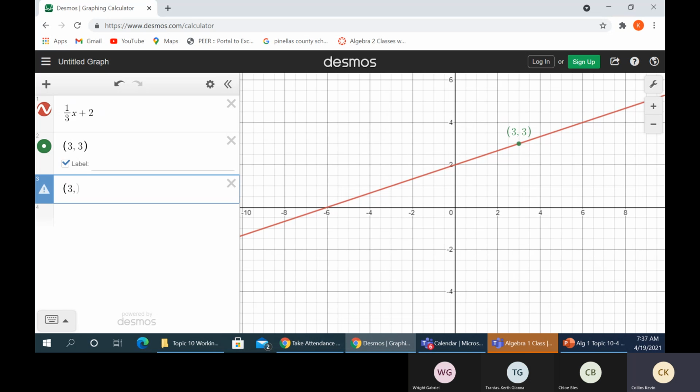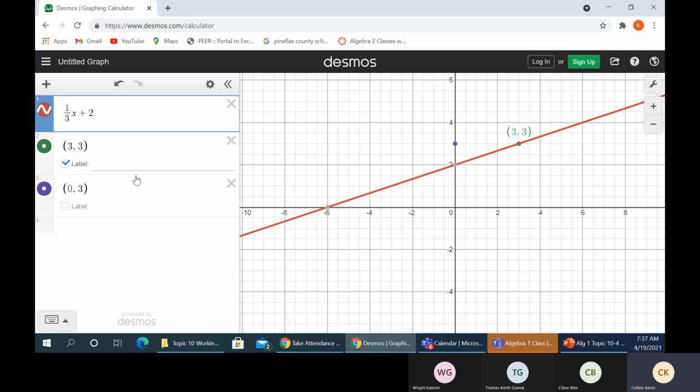I did it the wrong way. It's 0, 3. My bad. Let me fix that. Because we're not going left to right, so he's going to be 0, right? And then the other point is going to be 3. There. So then we went up 1.